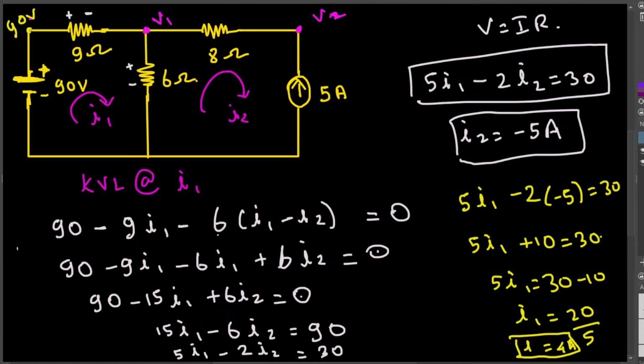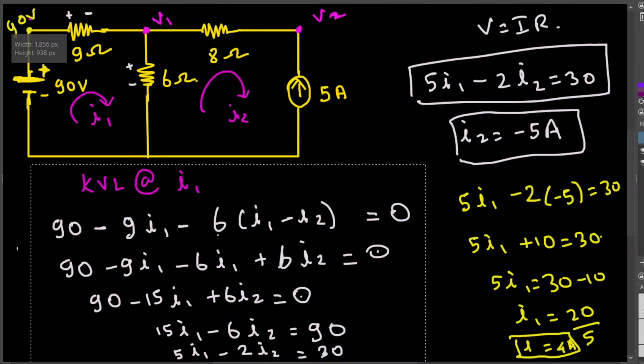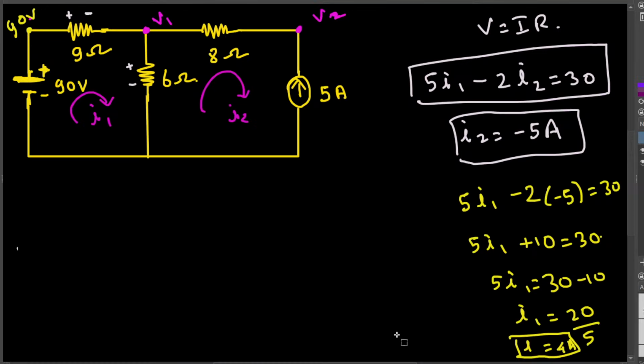Okay, so this one may be easier, because if I'm doing here, I'm going to deal with 2 currents. If I'm doing here, I'm going to deal with another voltage. So let's go for this one and ground.